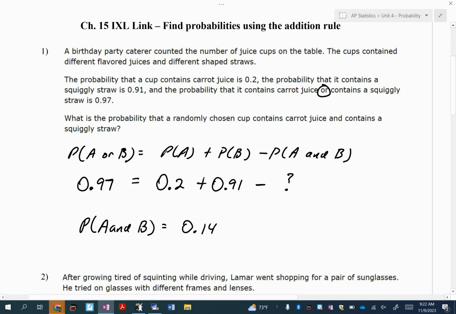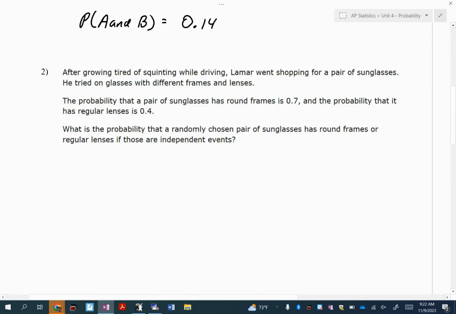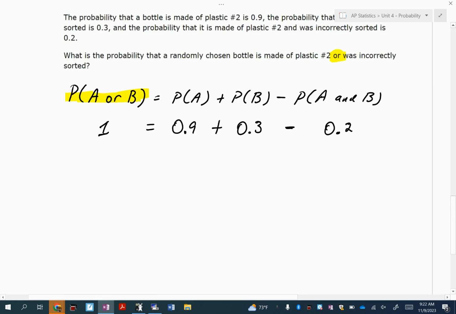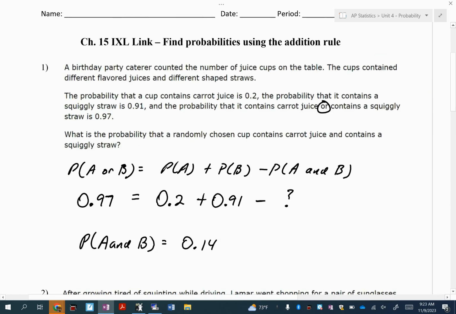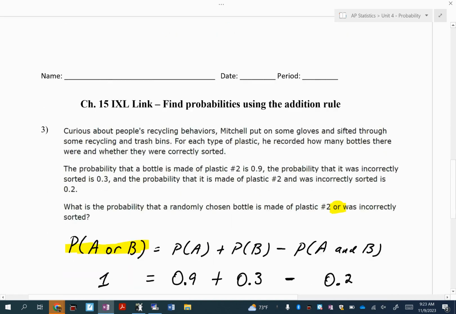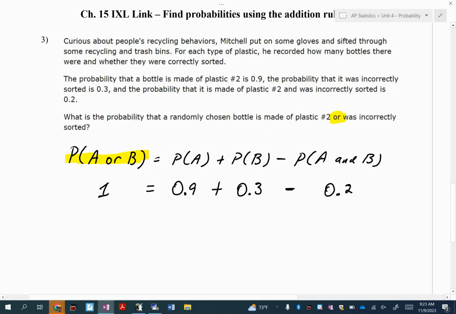Yes, Nate. Great question. Nate just asked why I put the 0.97 over there, where in number 3, I didn't. Can anyone answer his question? Yeah, Larry? Because in the third one, it asked for the or. Right there, you highlighted or. And the question we're doing right now is asking for the and. Exactly right, Larry.